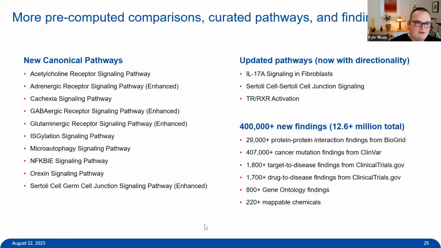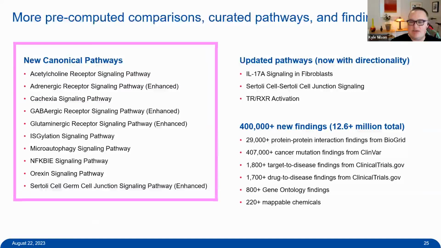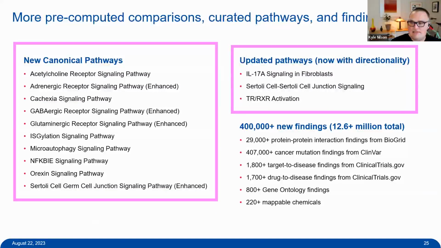We've also introduced new canonical pathways that our team has created and curated. So these pathways are completely new in IPA, whereas these pathways are pathways that we've updated to now include directionality. And then, of course, we're always curating more research findings. So we have almost 500,000 new research findings, bringing the total up to 12.6 million.